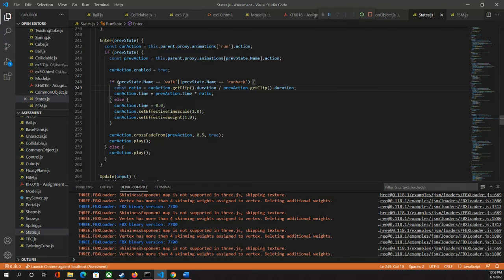First, if the previous state was walking or running backwards, but in this case walking, we find a ratio of the current action, which is running, and the previous action, which is walking. The ratio means the duration of those 2 clips, and we try to start the running animation from a position.